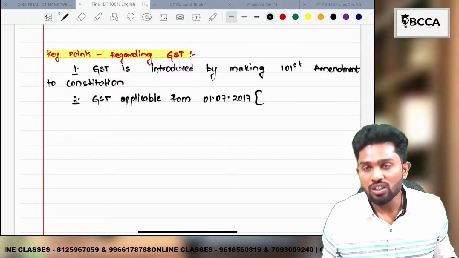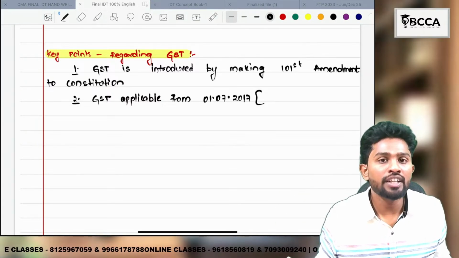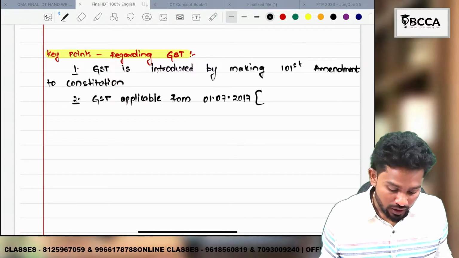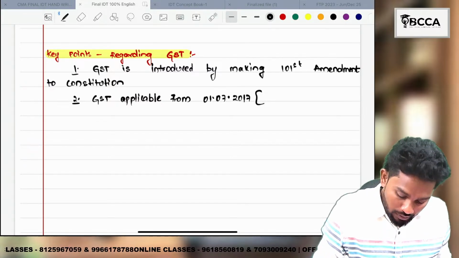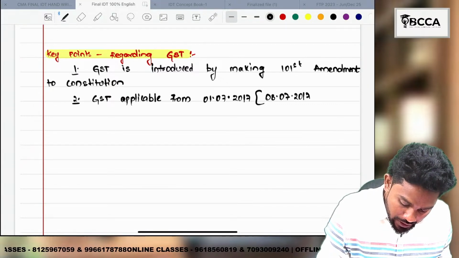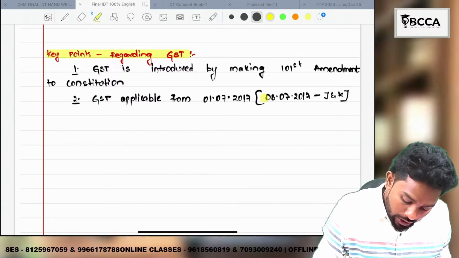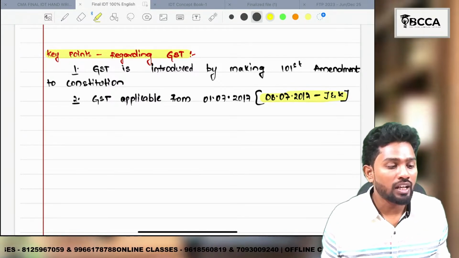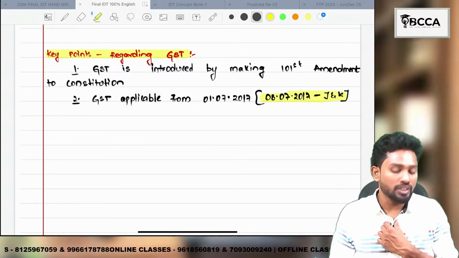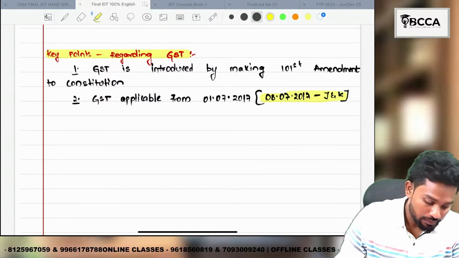Only when they want it, they will introduce it, otherwise they will not introduce that. So GST is applicable from 1st July, whereas from 8th July 2017 only it is applicable in Jammu and Kashmir, not from 1st July. Only on 8th July their state legislature accepted to introduce GST.